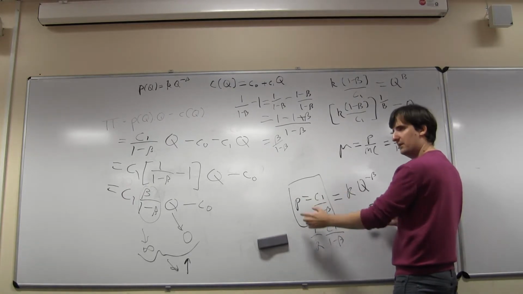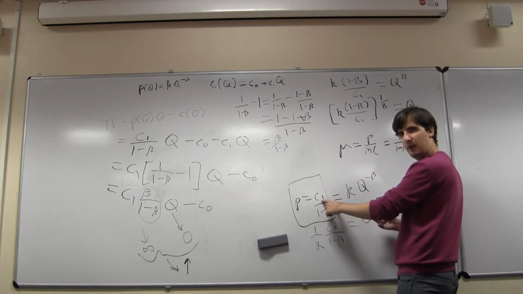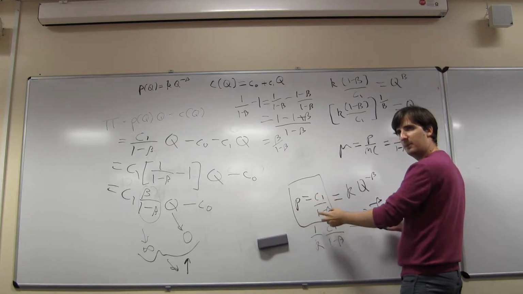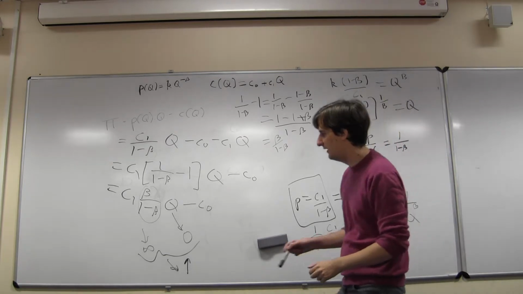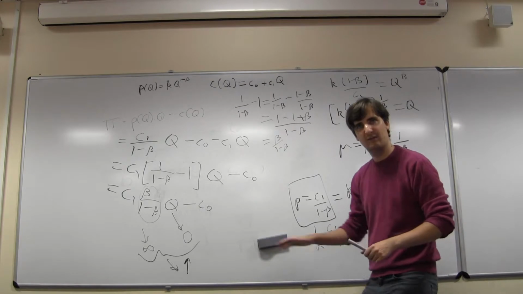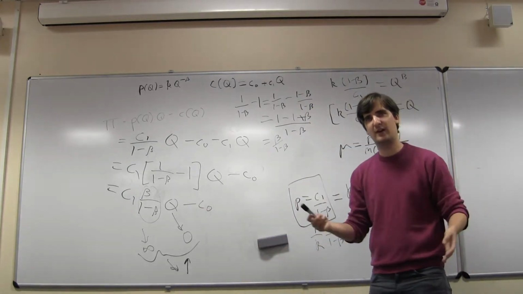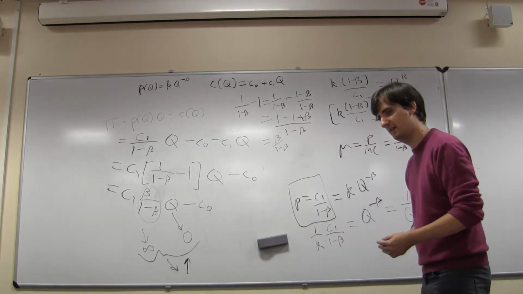This is what we found optimally. C1 is marginal cost, so the price is something times marginal cost. And then this stuff about what happens to profits as beta changes, that's just for your interest. It's just to help understand what's going on with isoelastic demand.